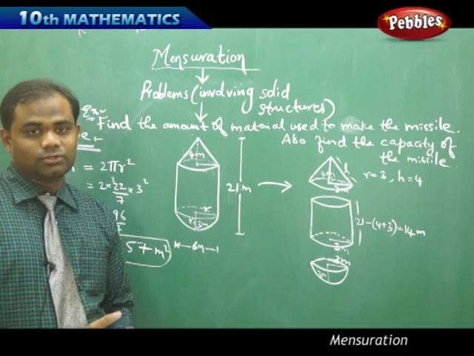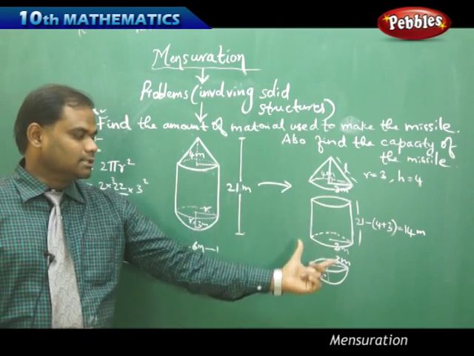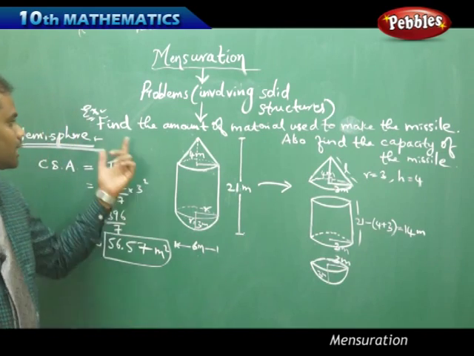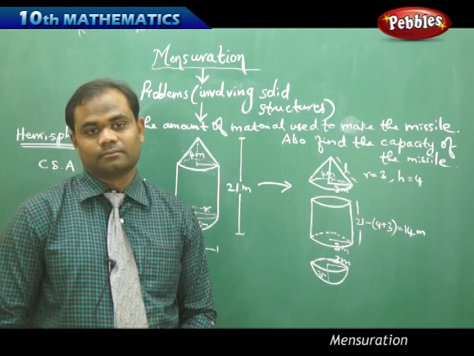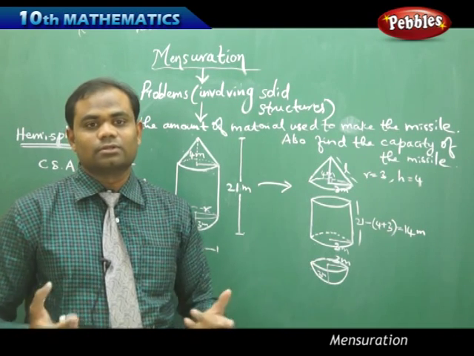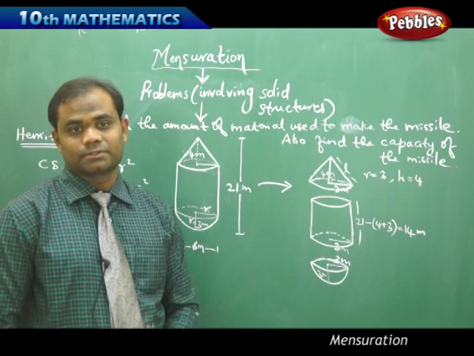Now next, I'm going to add up all the three materials, that is the cone, the cylinder and the hemisphere, and hence I get the total amount of material I need to make the missile. So let's see what is the total material I require for making this missile with the following dimensions.